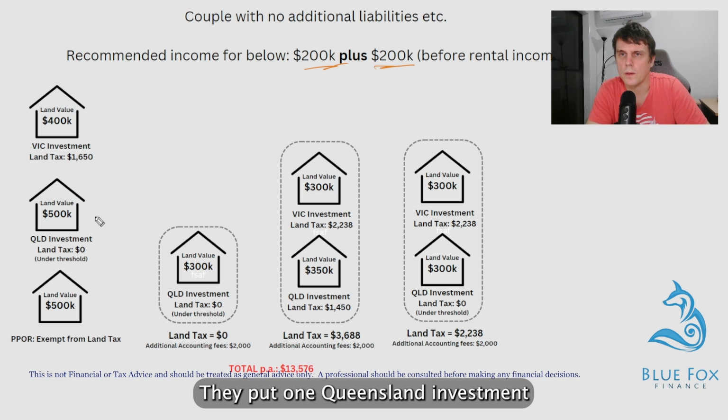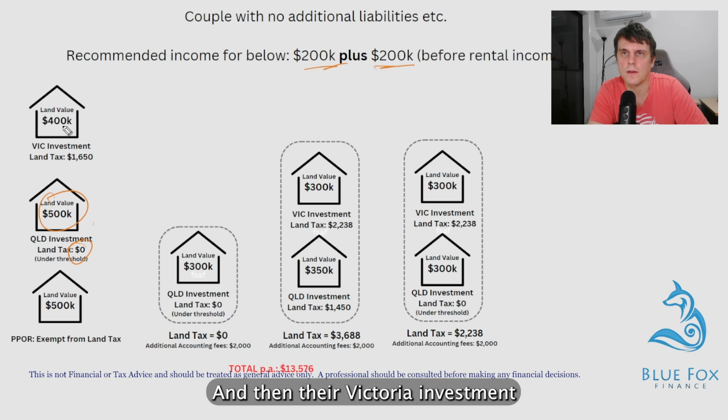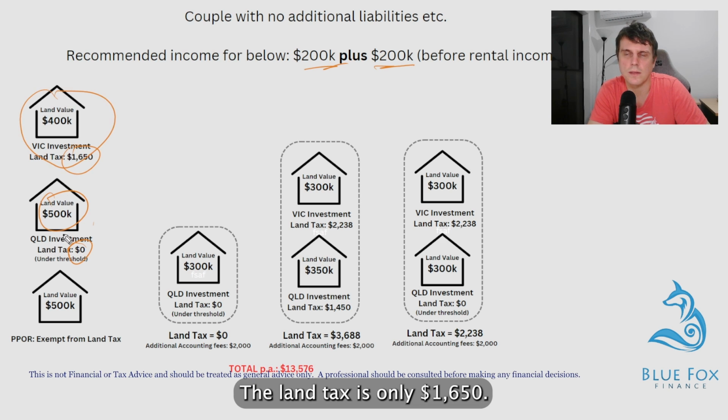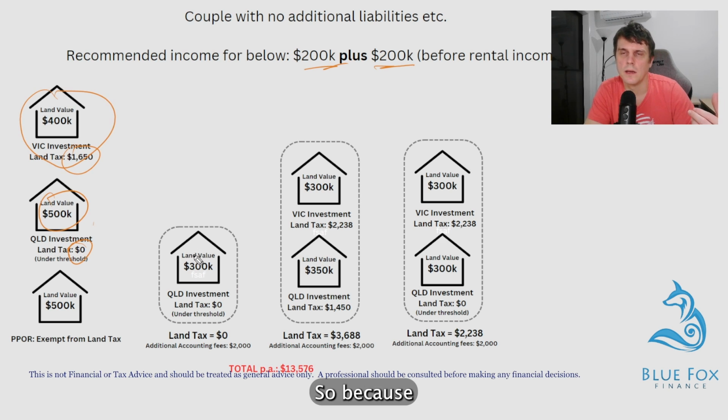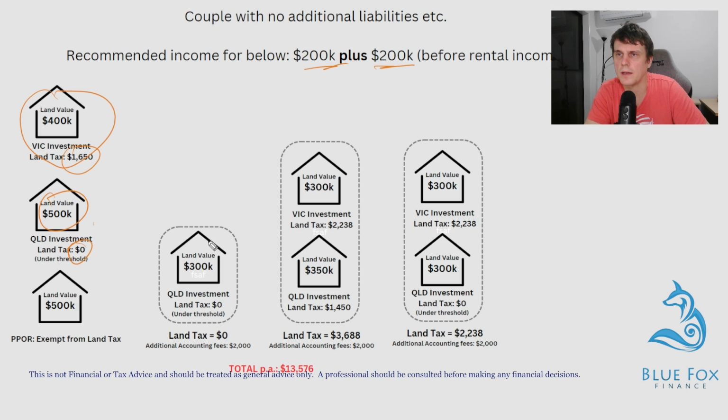They put 1 Queensland investment in their own name. They pay 0 land tax, and they chose to put the most expensive one in there, which was clever. And then their Victoria investment, they put in their own name, and the land tax is only $16.50. Because putting 2 Queensland ones in their name there would be very expensive, Queensland and Victoria, not so bad.